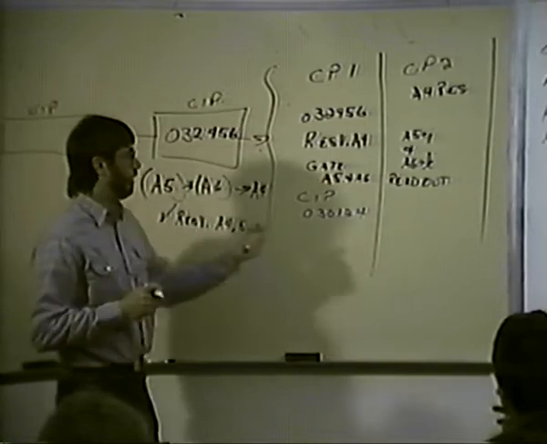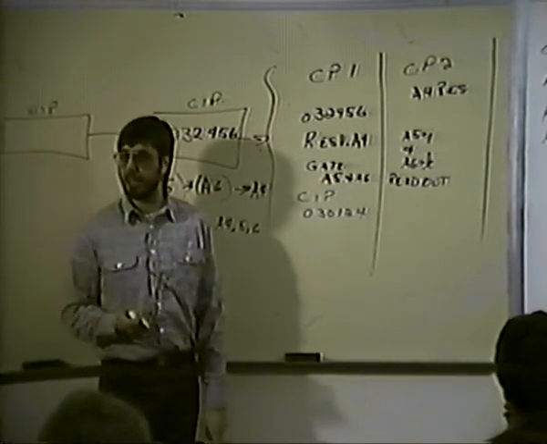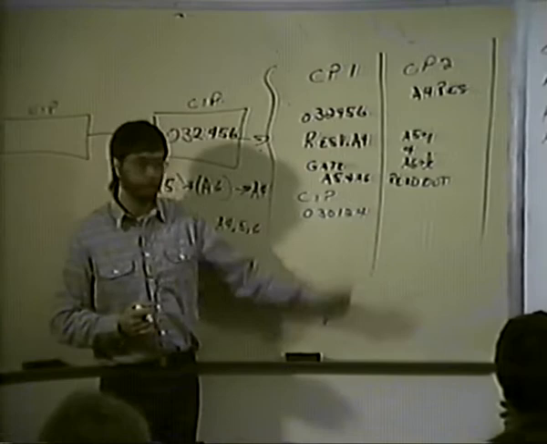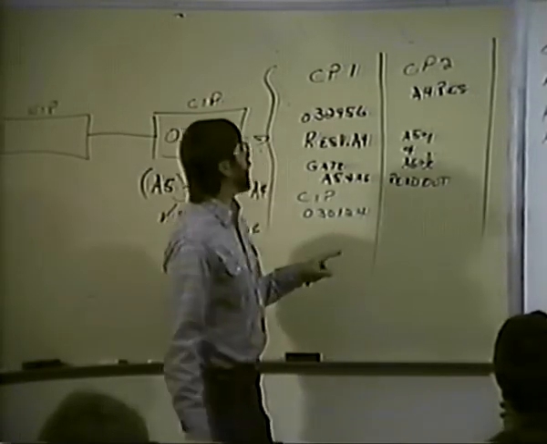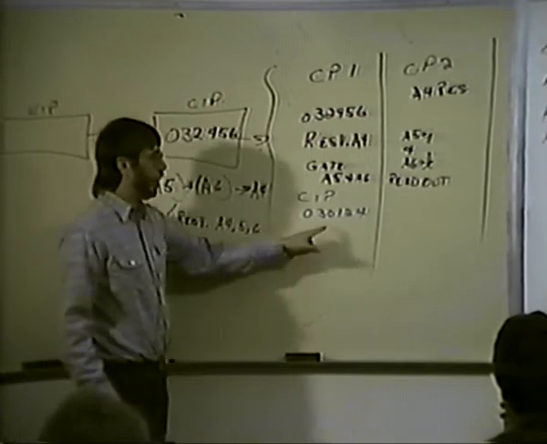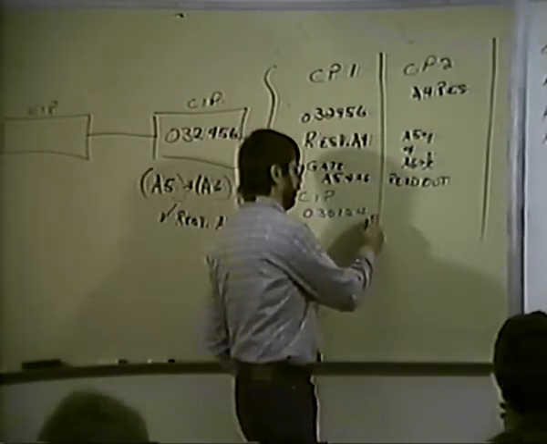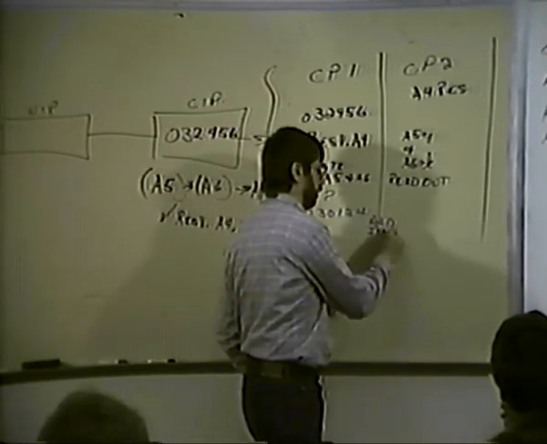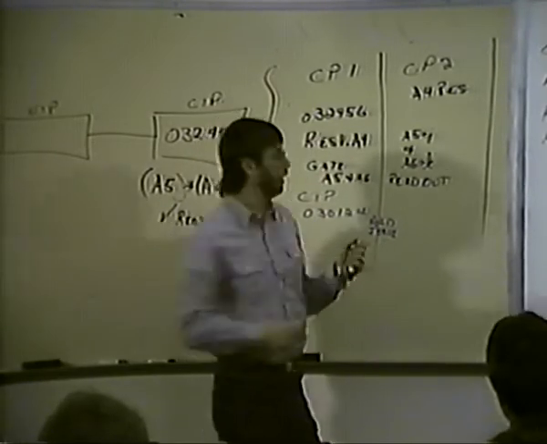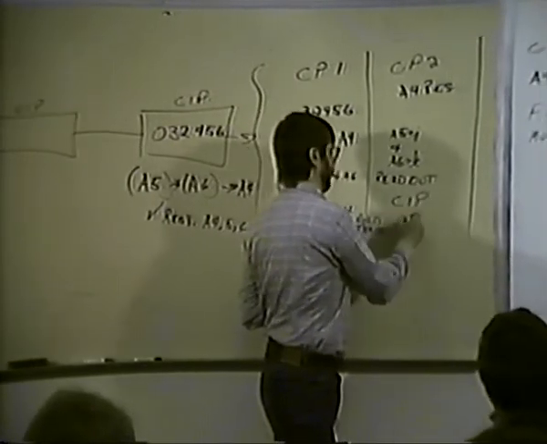We've got an answer in A4, and now we want to add something else to that answer and put it somewhere else. That's logical. This clock period, it's in CIP. It's not going to issue. We're going to hold the issue signal, and we're going to keep it in CIP.